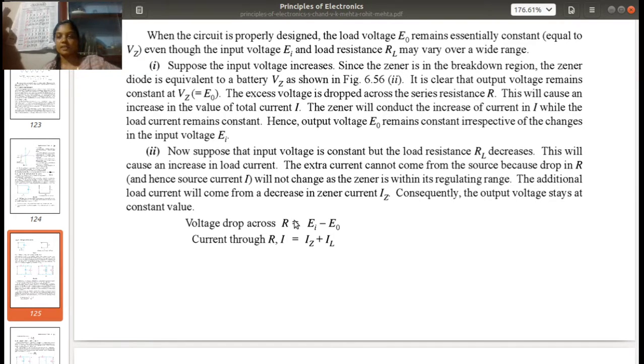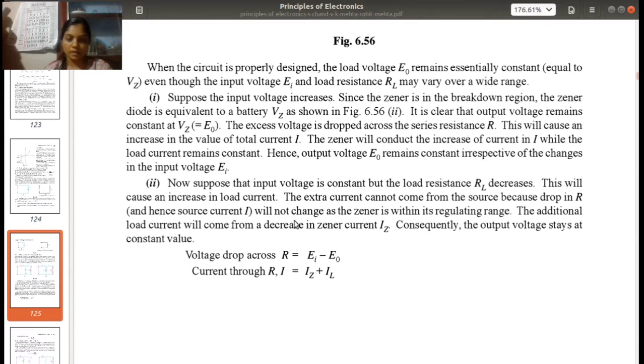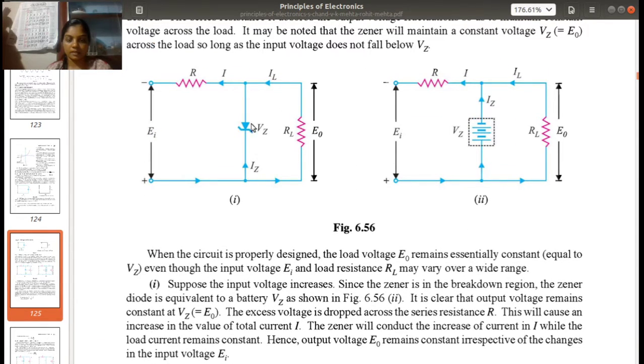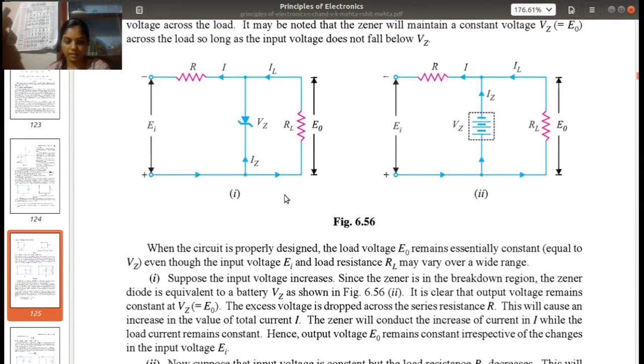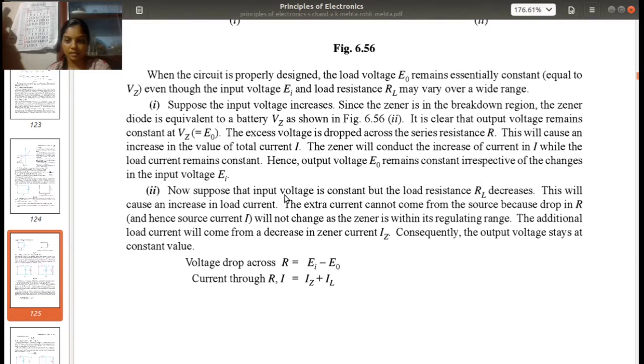So this again stabilizes the output, because even though the load resistance decreases, this will cause an increase in the load current. The extra current cannot come from the source because the drop in R, and hence the source current I, will not change, because the Zener is always in the regulating region, in the breakdown region, so it regulates the current and voltage.